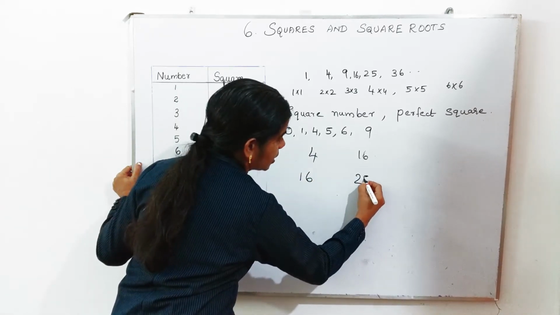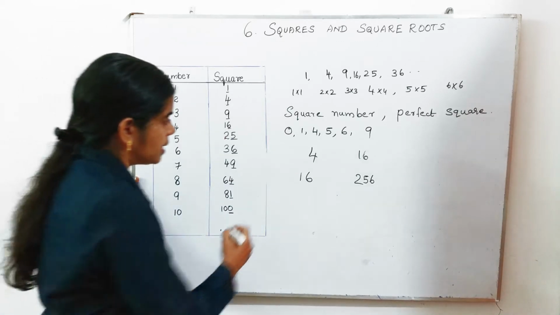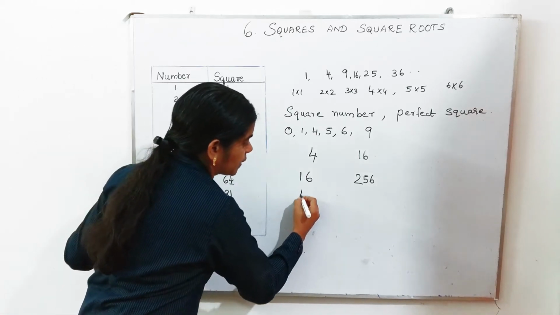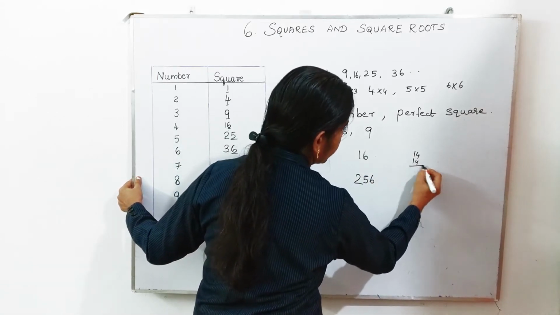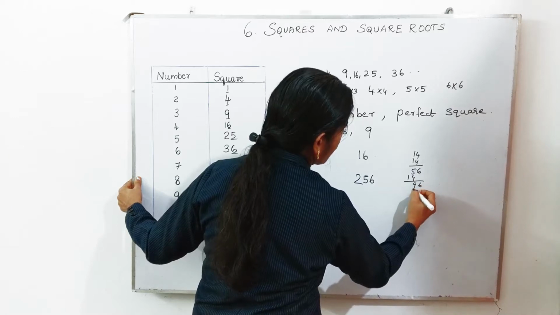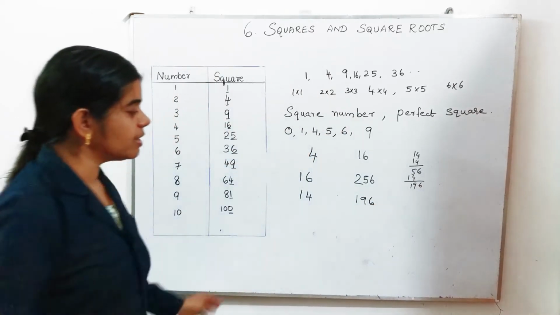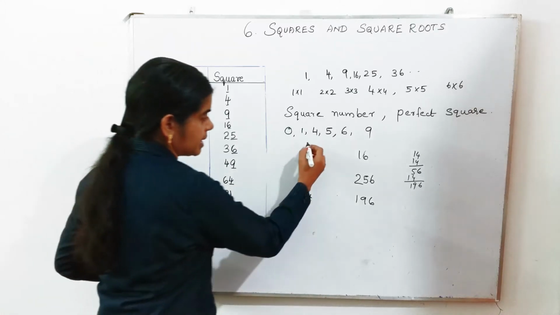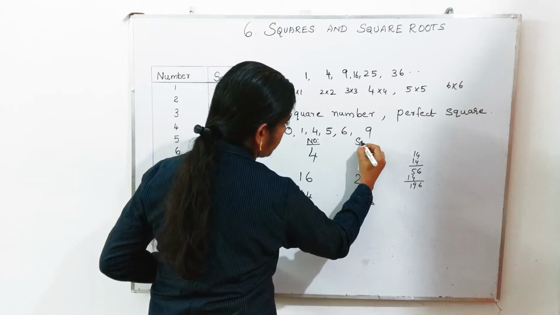You are getting 256. Then again, if you want, you can take 14. 14 into 14 is 196.